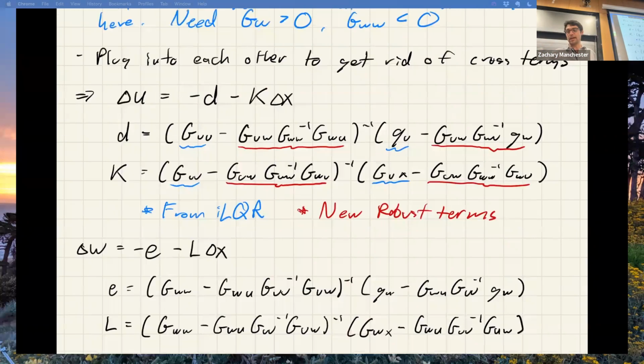At the end of this, you end up with a U player policy, which is what we had before, and a W player policy, the new bit. And you get new terms in the cost that show how the players interact. Okay, everybody cool with that?